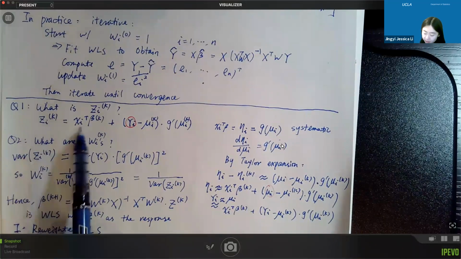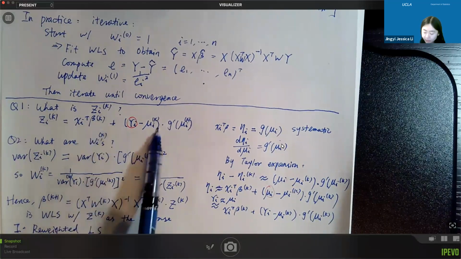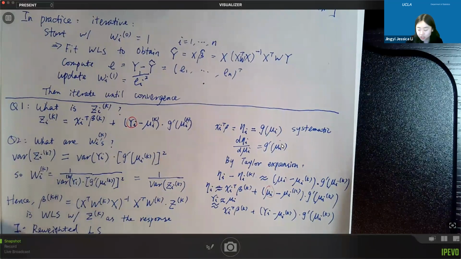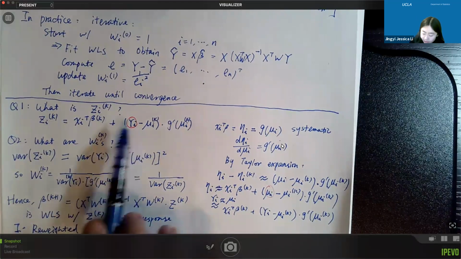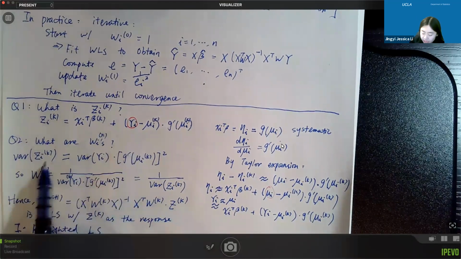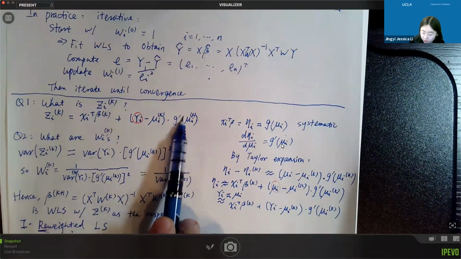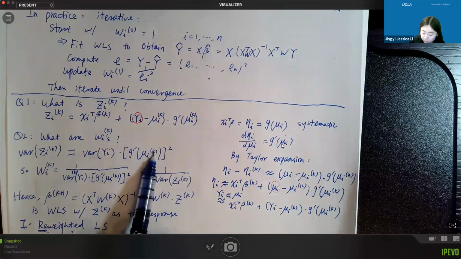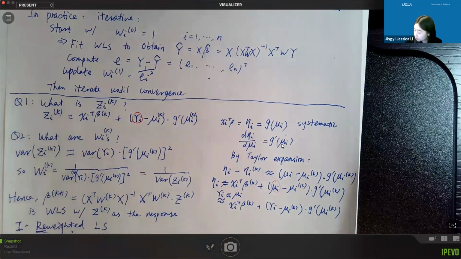In fact, based on this formula, if we ignore that beta k and mu ik use our data, we just treat them as fixed values, then the only random variable is yi. So by the variance formula, this is equal to the variance of yi times the square of g prime of mu ik. And this is exactly what we have in our definition of wi in our last lecture.